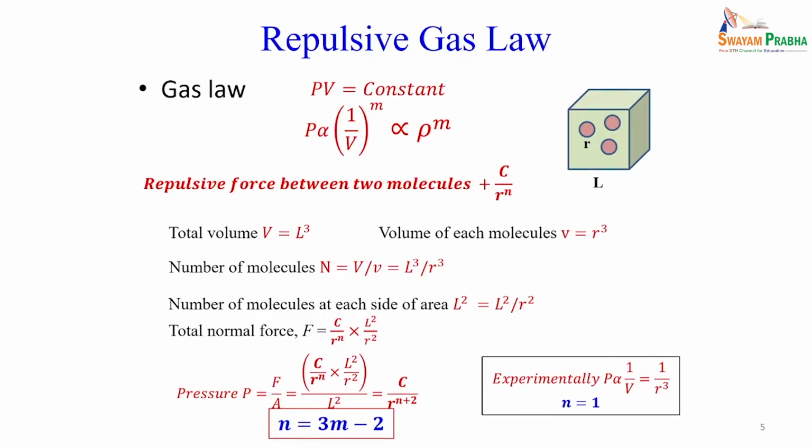So, we will just see one example. Let us say this is your gas law, P V is equal to constant.